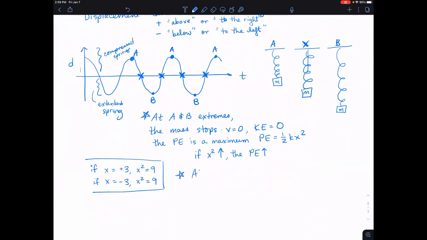Okay, at X, which is notated here by our equilibrium position, it's when the displacement equals 0, when this curve crosses this line. Okay, this is when the mass is moving its fastest.